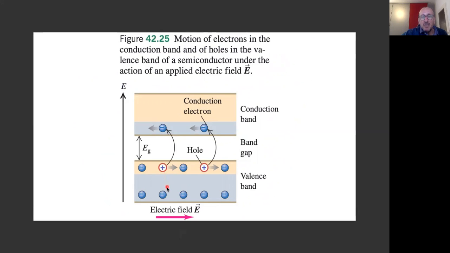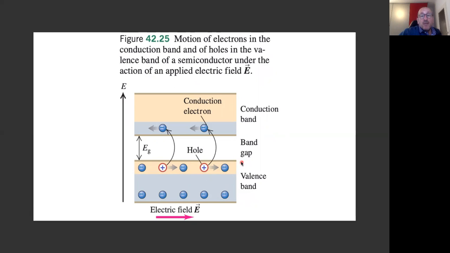It's literally a bubble in this system. So these guys will have a higher energy when you are pushing them down. It means that the ground state for the holes, if you have a ground state for the holes, they would like to be at the top of the valence band.